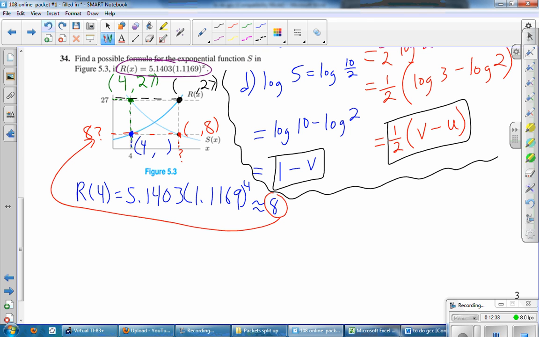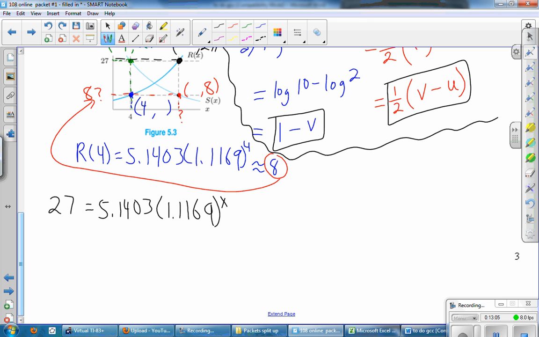So given that y is 27, and given that you know the equation of that curve, circled in blue, can you find the x? Let's write that equation: 5 point blah blah times 1.1169 to the x. I don't know x, but I do know that the y value is 27. If we can somehow solve that equation, we will have our x value.